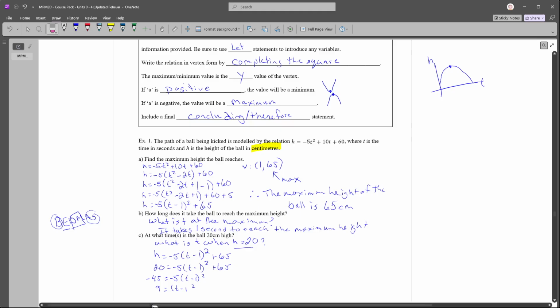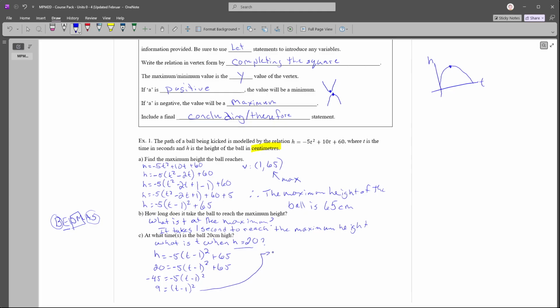I don't know why it doesn't want to let me erase that, but whatever. Okay, so let's put our bracket in there, and let's bring this back over to the other side. So I'll rewrite this: 9 equals (t - 1)^2. Now I need to get rid of that square, so I need to take the square root of both sides.